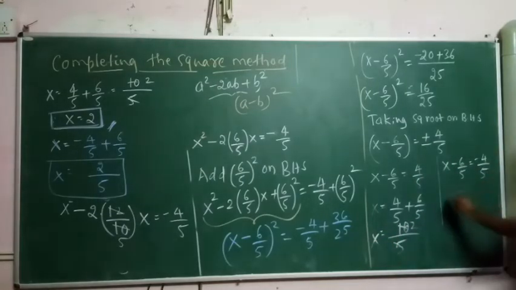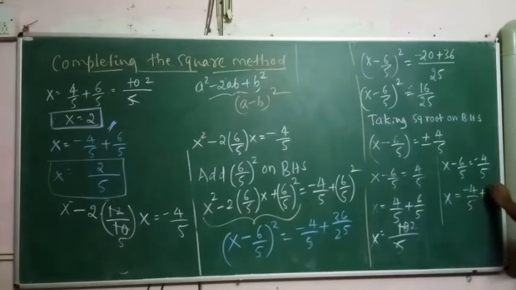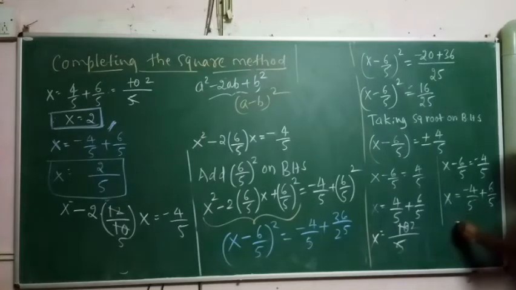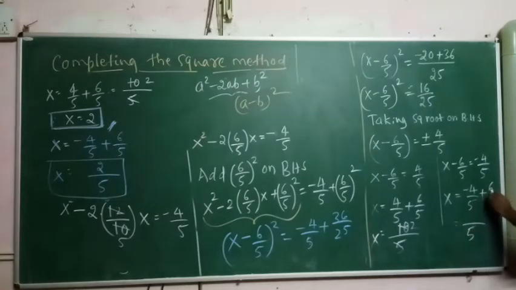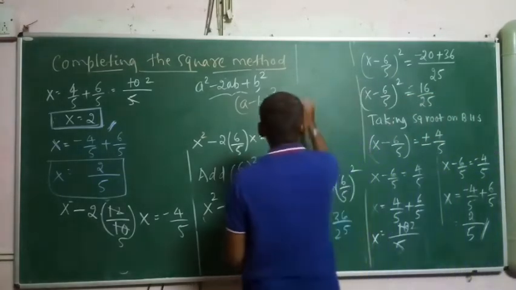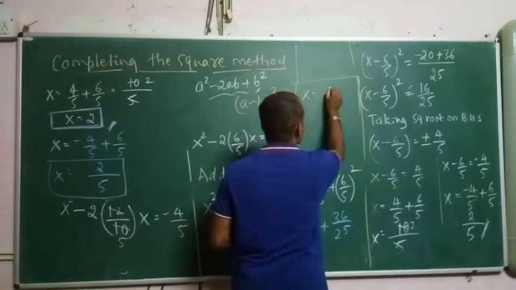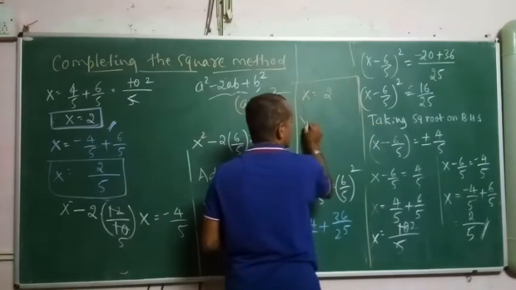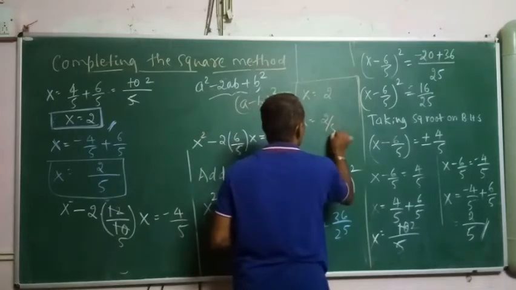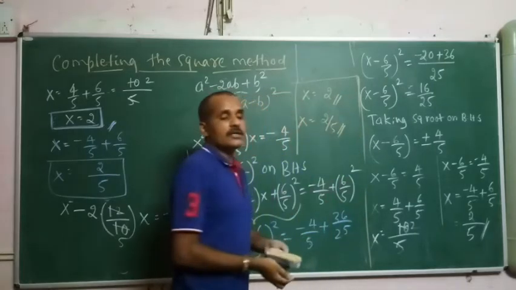Transfer this to the RHS, x is equal to minus 4 by 5 plus 6 by 5, LCM is 5, 6 minus 4 is 2. So the roots of the equation are x is equal to 2 and x is equal to 2 by 5.